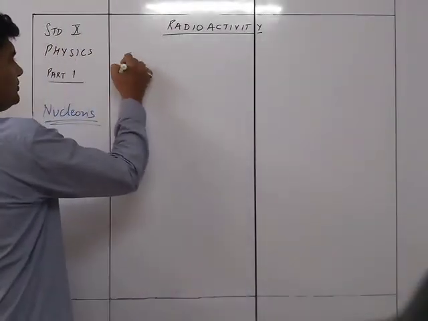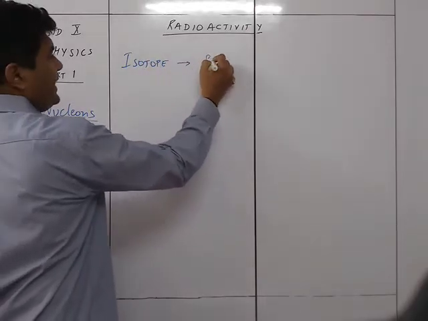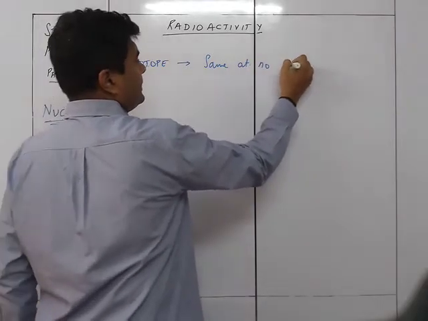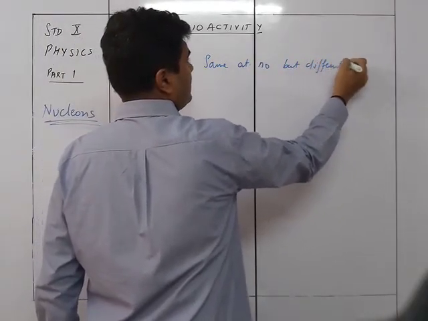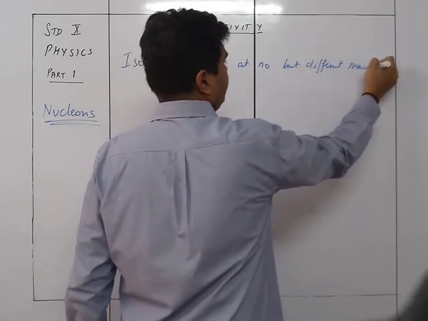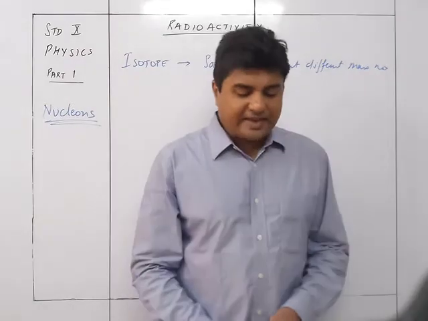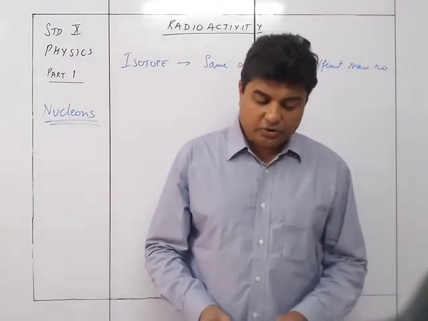In such a case, we call those elements isotopes. So isotopes have the same atomic number but different mass number. Atoms of the same element having the same atomic number Z but different mass number A are called isotopes.